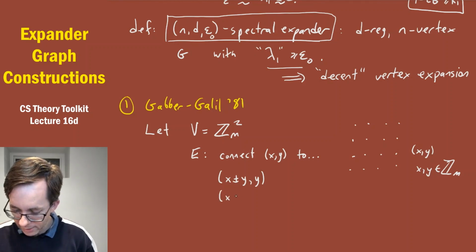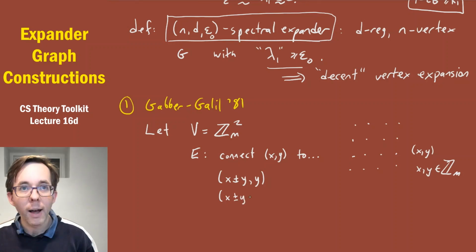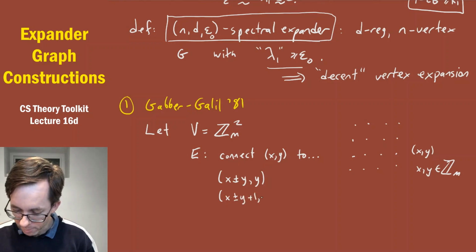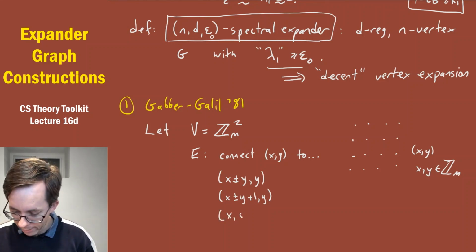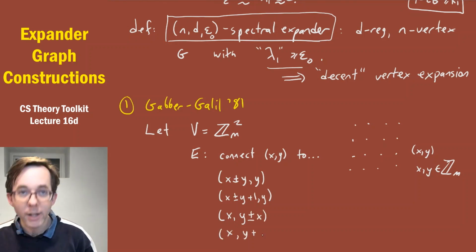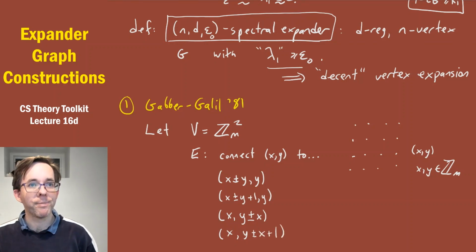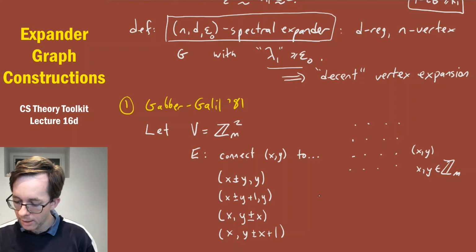And you also do (x plus or minus (y plus 1), y). That's the third and fourth neighbors. And then you do a symmetric thing. So you connect it to (x, y plus or minus x). That's the fifth and sixth neighbors. And (x, y plus or minus (x plus 1)). And that's it. So d equals 8.